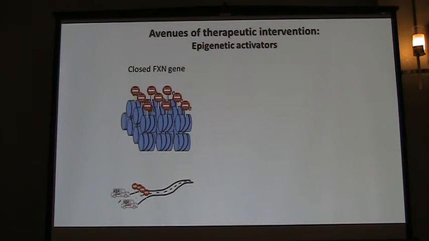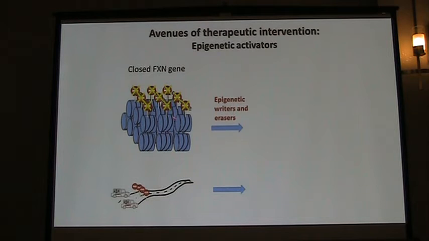The other block in the road are these do not enter signs that I mentioned earlier. So wouldn't it be nice if we could remove the do not enter signs from the DNA, from the histones that are bound by the DNA, and in fact you can.